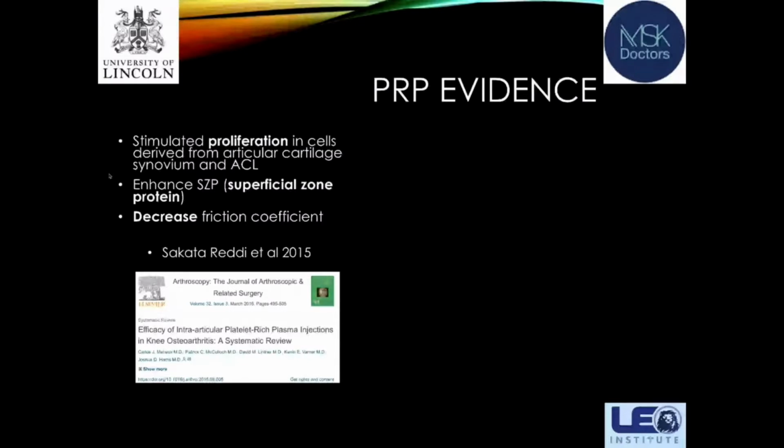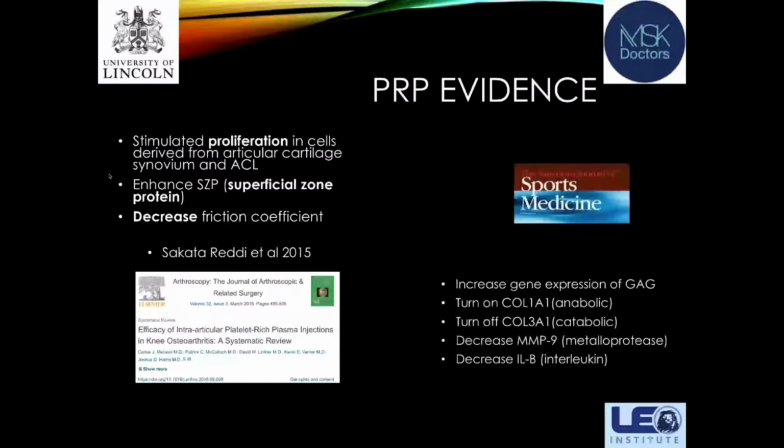And it also makes the top layer where the cartilage is grow a little bit and calms things down a little. Now, clinically, how does it work? There are papers showing that it has an anabolic effect on the cartilage and a catabolic effect on the inflammation. So basically, it stops the inflammation and rebuilds the collagen.